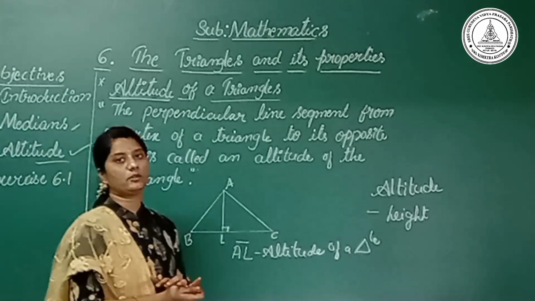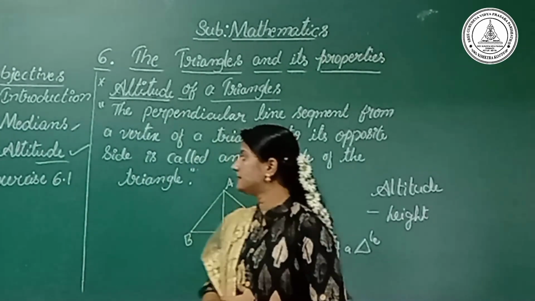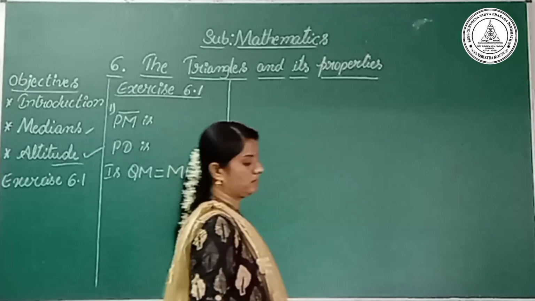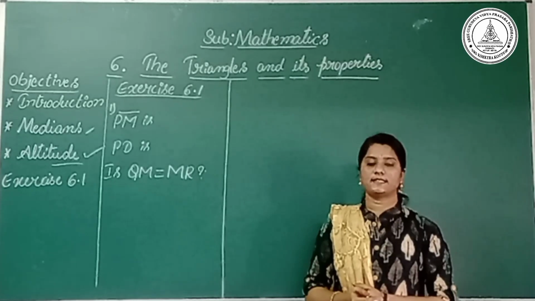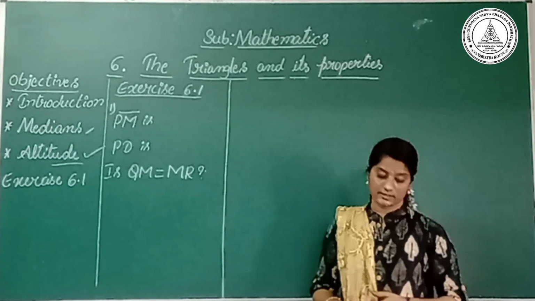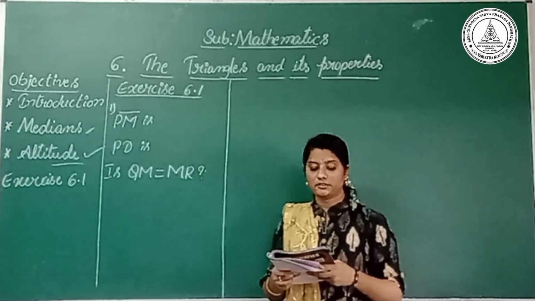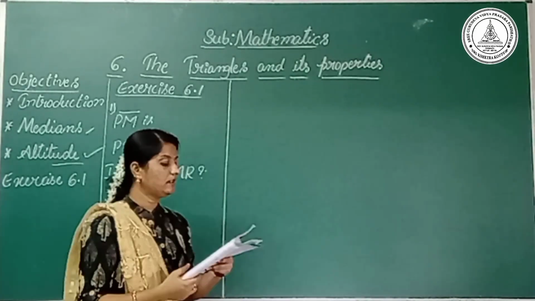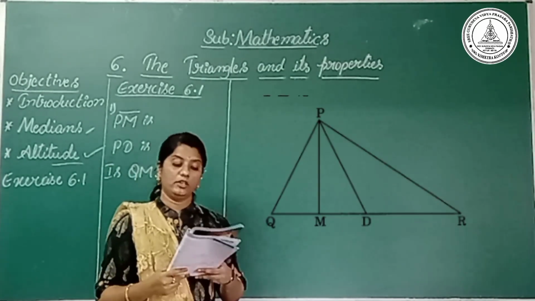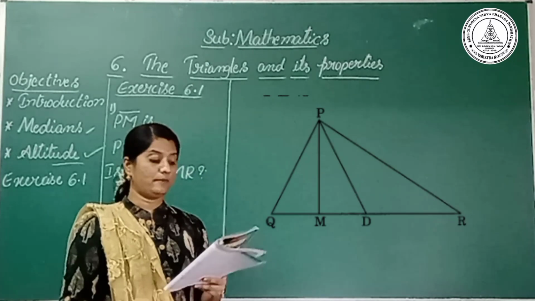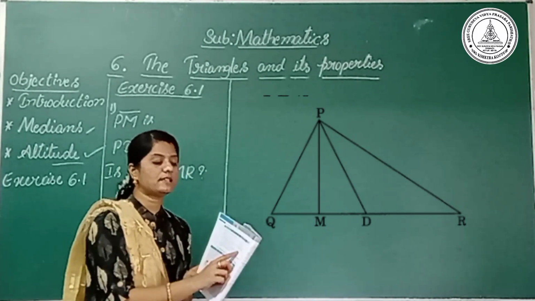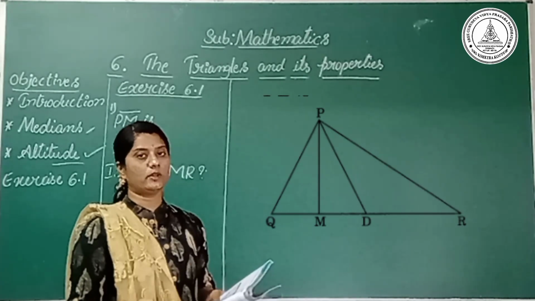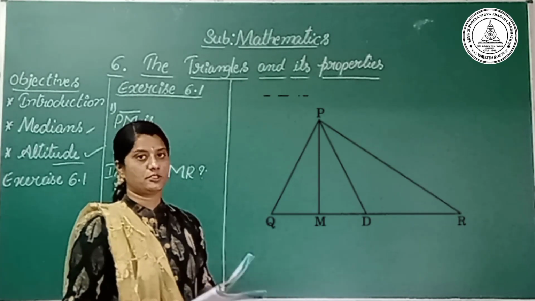Then let's solve exercise 6.1. The first question is: in the triangle PQR, D is the midpoint of QR. PM is dash. Here PM is a perpendicular line, so it is the altitude of the triangle.